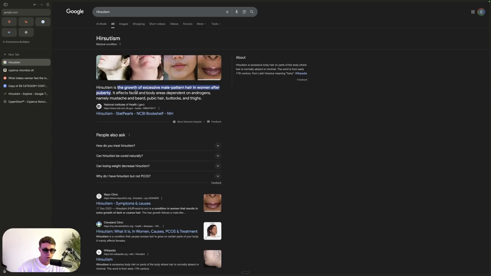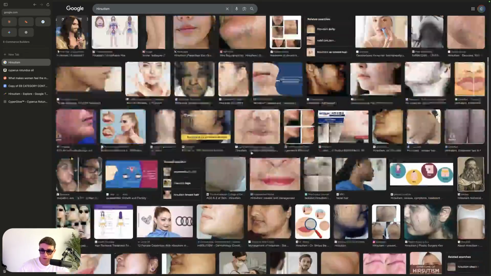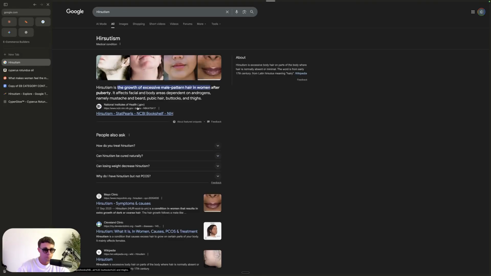It's a growth of excessive male pattern hair in women after puberty. It affects facial and body areas depending on androgens, namely mustache and beard, pubic hair, buttocks, and thighs, which is very good because that's another angle.